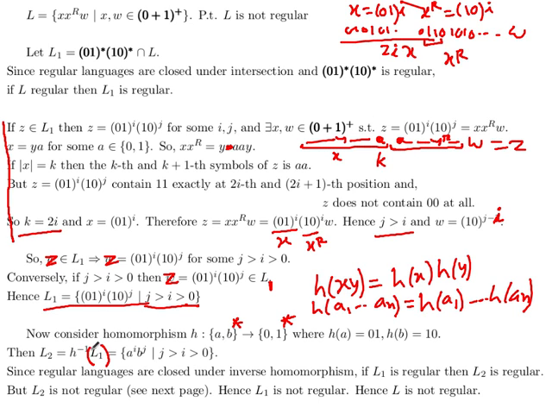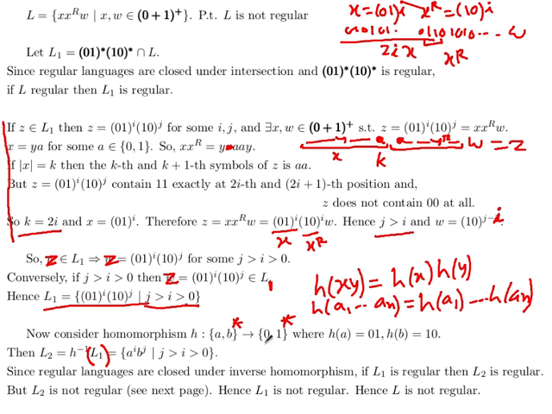It is the set of all strings over A B such that H maps those strings to some string in L1, right?